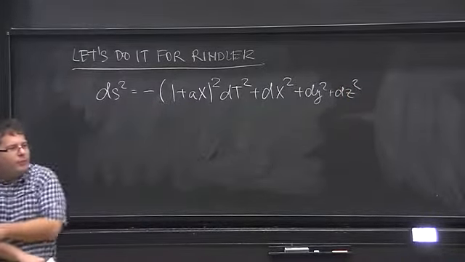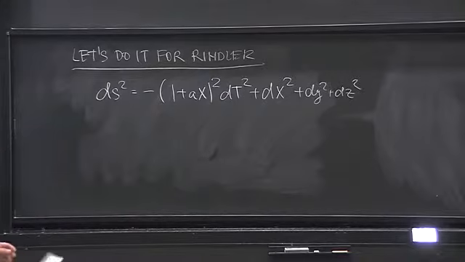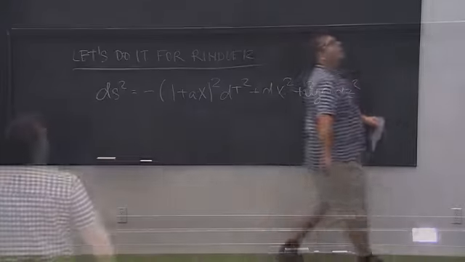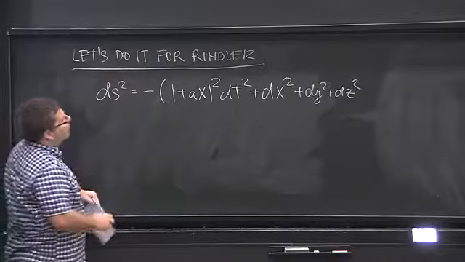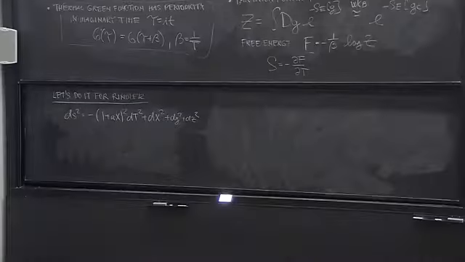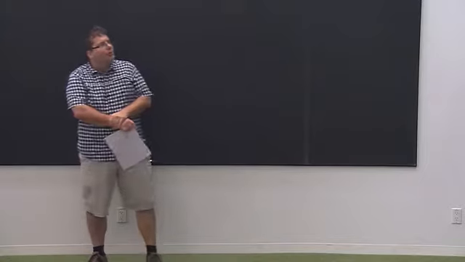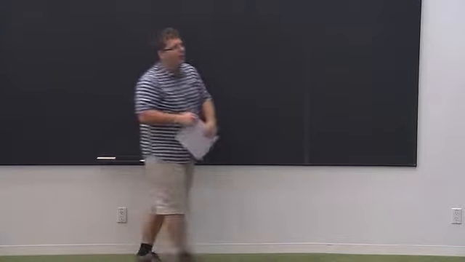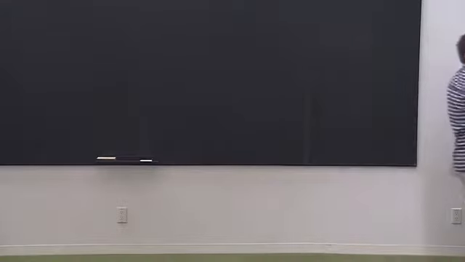So that's my Rindler space, just a transformation of the Minkowski space. Okay, so to calculate the corresponding temperature in this space, the statement is you have to Wick rotate your time. So I will just Wick rotate the time. The time here is the capital T.